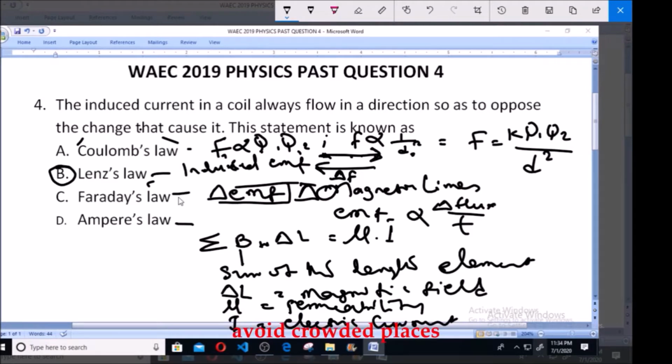When you're talking about Faraday's law, you're talking about the EMF produced being directly proportional to the flux producing it and inversely proportional to the time. Then Ampere's law is about a closed loop where the sum of the length element times the magnetic field in the direction of the length element is equal to the permeability times the electric current enclosed in the loop. So the right option here is Lenz's law.